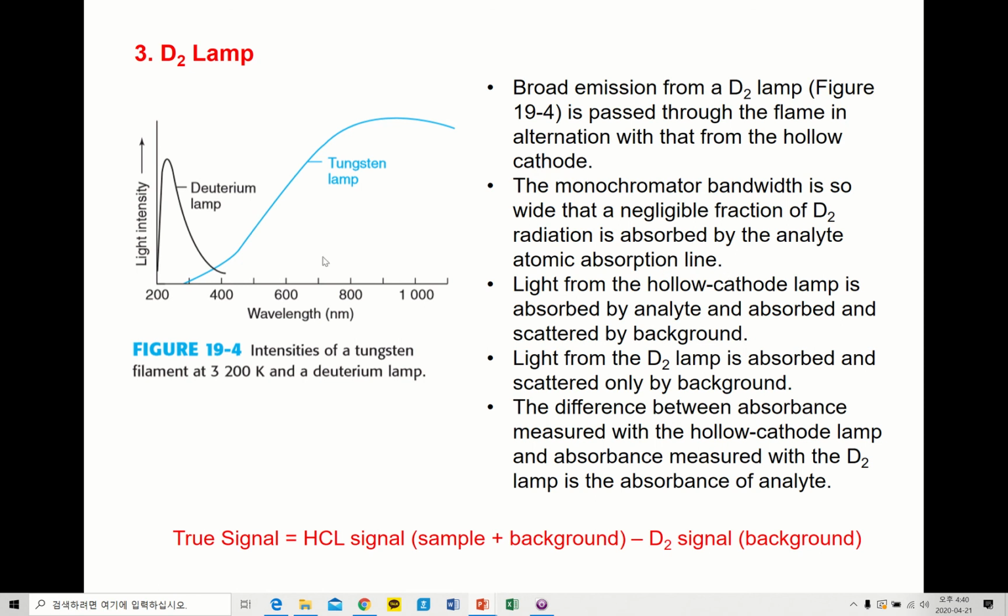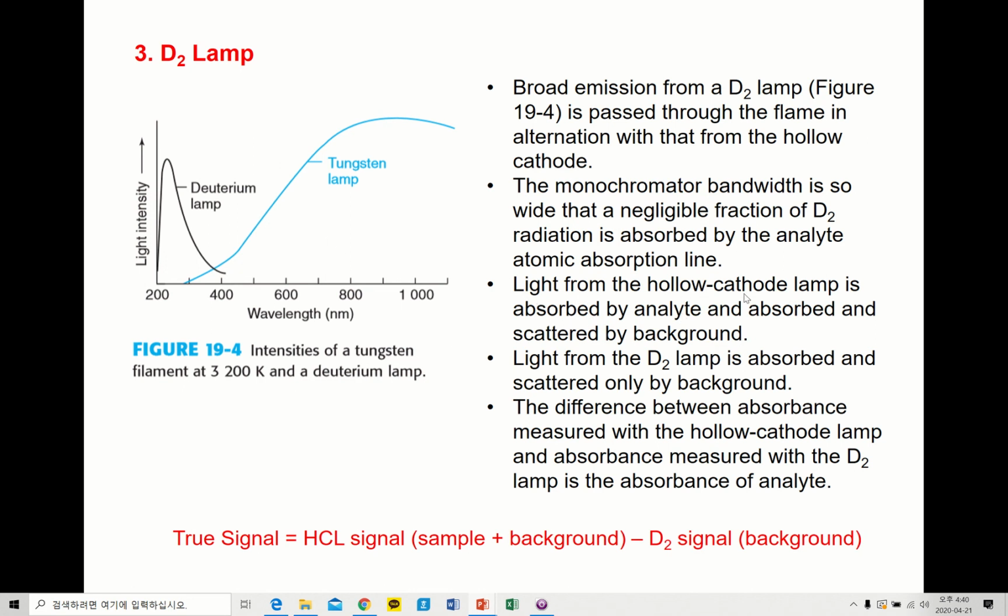It may be absorbed by other elements, but our analyte absorbs a negligible fraction of D2 radiation. Light from the hollow cathode lamp is absorbed only by the analyte.